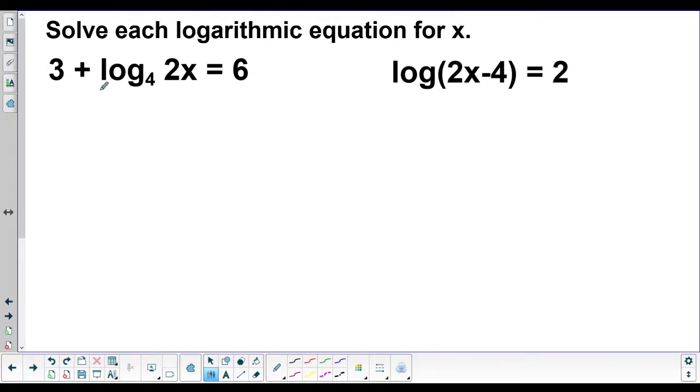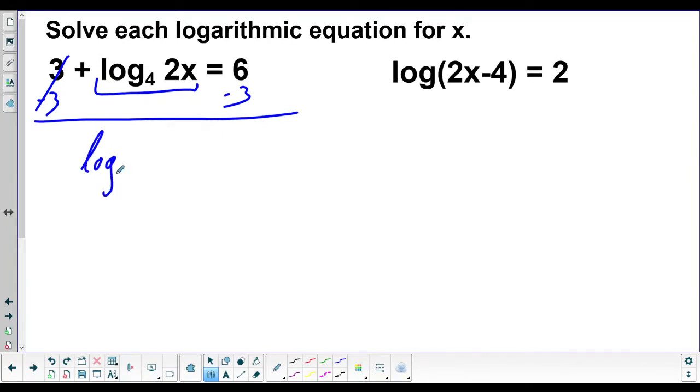So isolate the log first. So we're going to start by subtracting 3 on both sides. So these cancel, and we have log base 4 of 2x equals 3. Now our log is isolated, and we are going to rewrite it as an exponential.